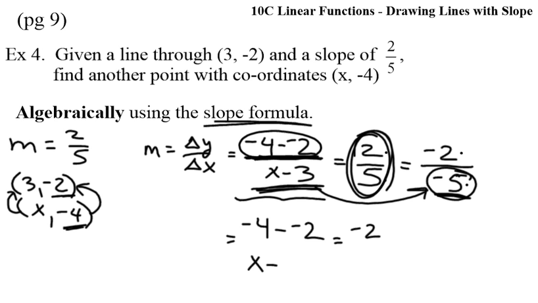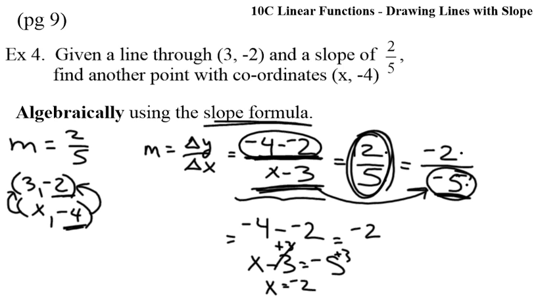So x minus 3 has to equal -5. In order to end up with -5, what's my x value so that I finish there? Well, I can solve for x by adding 3 to both sides, and -5 plus 3 is -2.